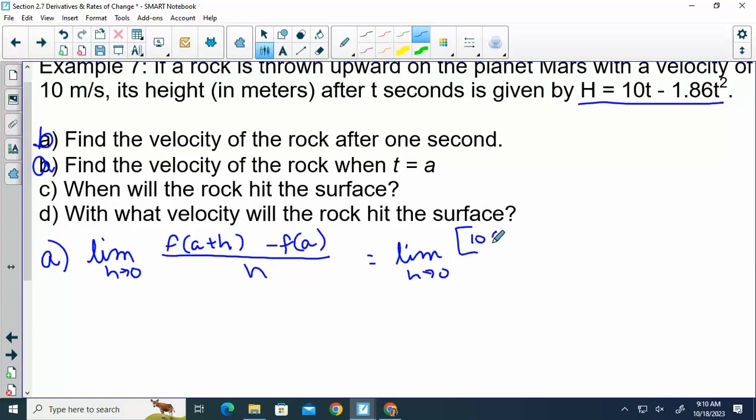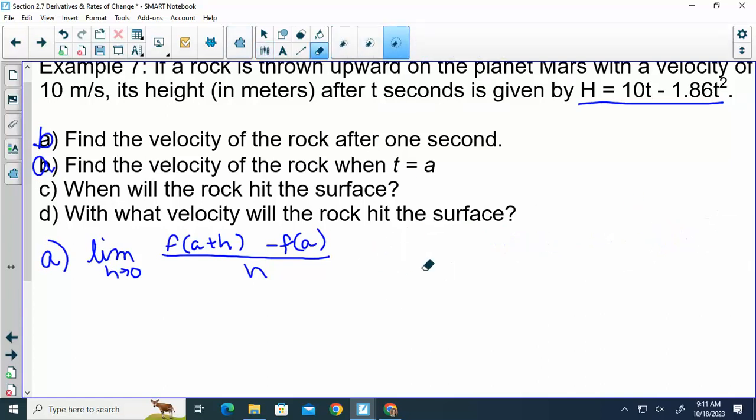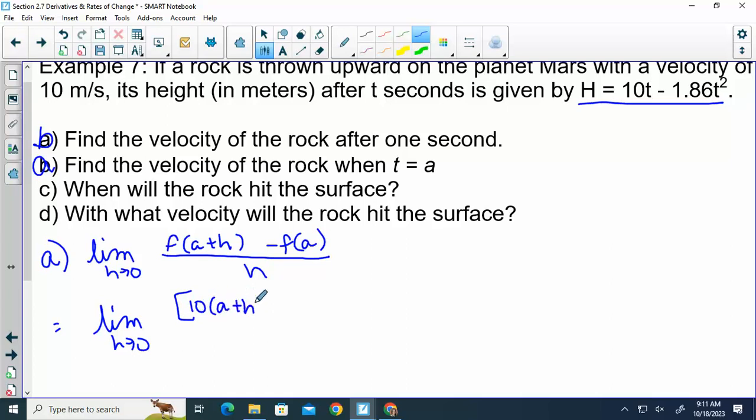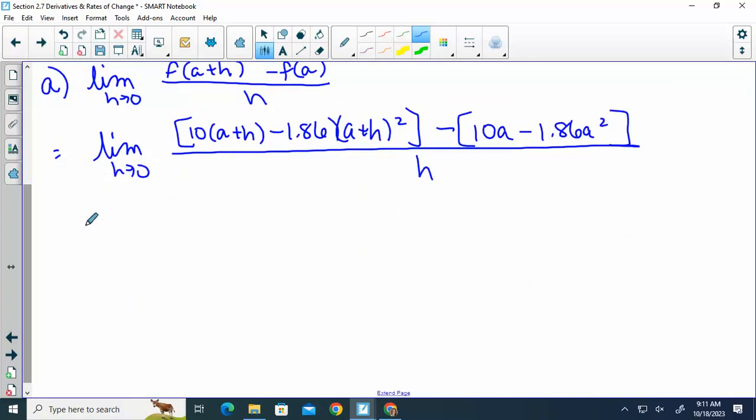So I'm going to my equation, I'm going to replace my t with a plus h, minus f of a, so you go to your equation and replace your t with an a, all over h. Now what do we do?